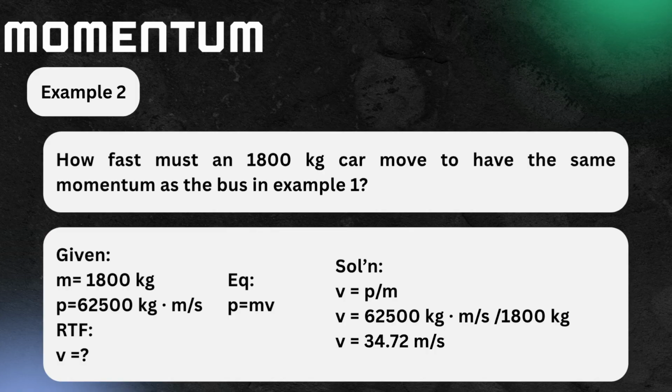Substituting the values, we divide the momentum by the mass. So we have 62,500 kilogram meter per second divided by 1,800 kilograms. This calculation shows that the car needs to move at 34.72 meters per second to match the bus's momentum.